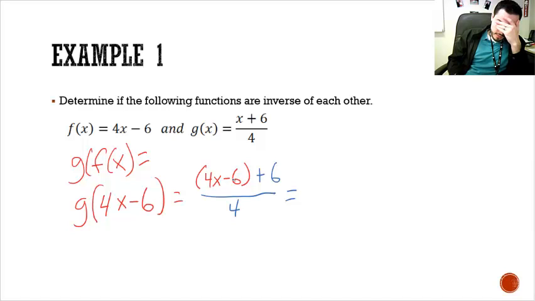So then I've got a minus 6 and a plus 6, those things cancel. 4x over 4, well, if you do that, then it just equals x. So then ultimately, g of f of x simplified down to just x. Well, that's it. And yes, these are inverses.